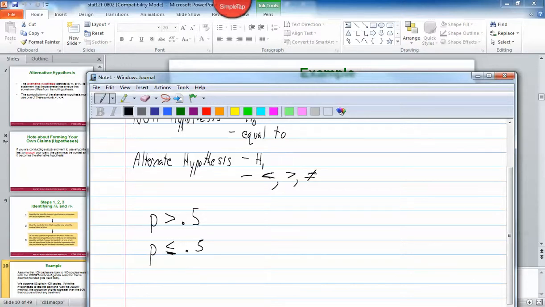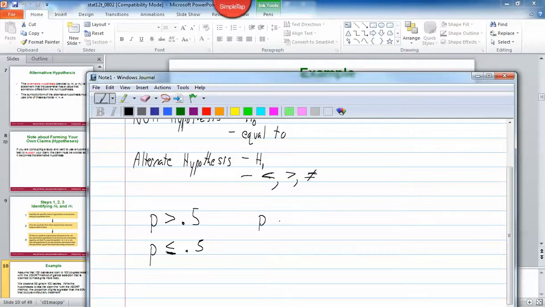Once you have those two written, the one that has equality, meaning it is either equals or has an equal to bar under the inequality symbol, under the greater than or less than, is going to be my null hypothesis. The null hypothesis is always written with equals.